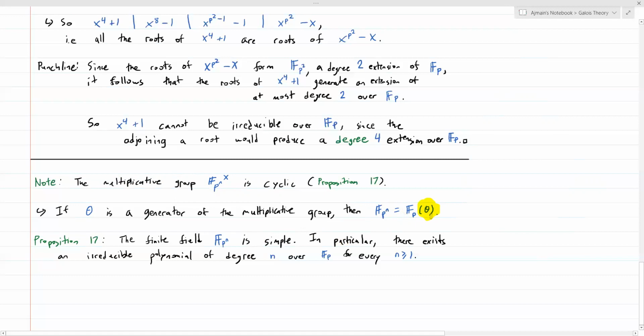What is it called? The minimal polynomial of phi. That minimal polynomial is the irreducible polynomial of degree n over F_p. So since for any n greater than or equal to 1 you can write this as a simple extension, there exist irreducible polynomials of degree n over F_p for every n greater than or equal to 1. Okay, and we're going to use this on Friday to prove some more things about polynomials. But yeah, that's all.